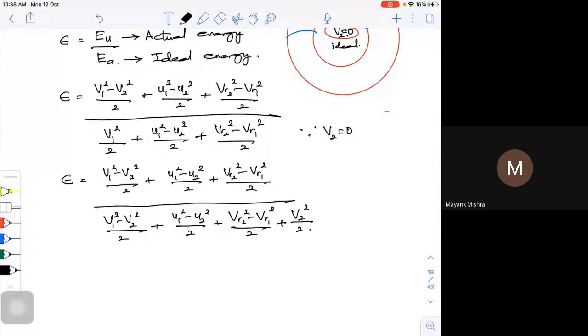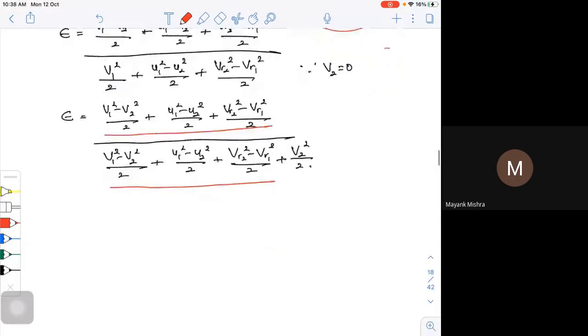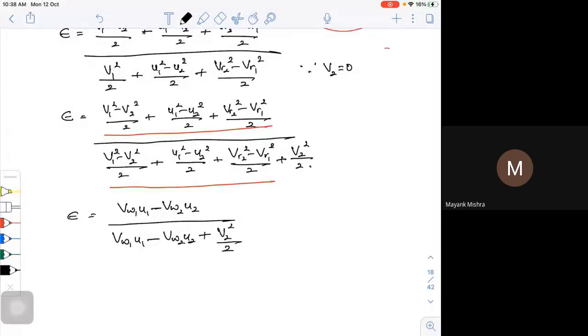If you look at it, the term in the numerator and the first terms in the denominator are the same, which means both are the Euler equation. So I can write it as VW1 into U1 minus VW2 into U2, divided by VW1 into U1 minus VW2 into U2 plus V2 square by 2.